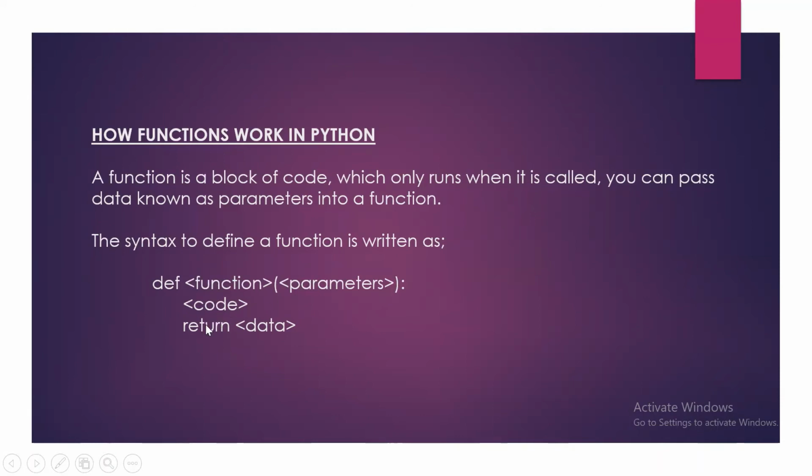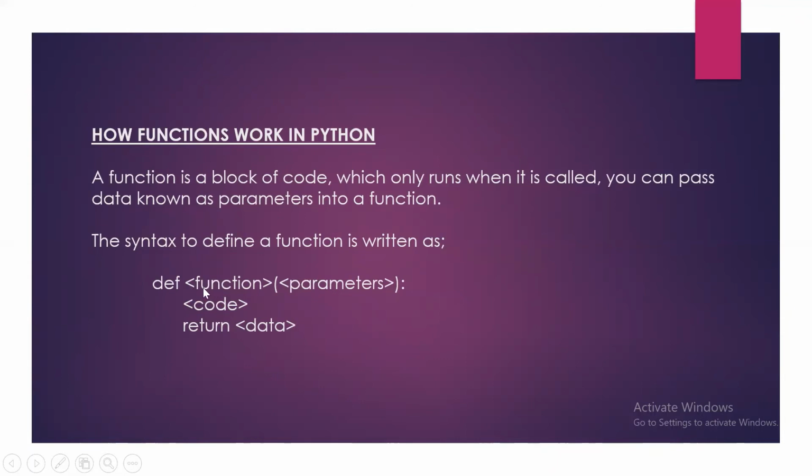And after that, we define that we want to return the result of this code, which will be data, and we return that data, which is obtained as a result of operations performed on these parameters in this code.